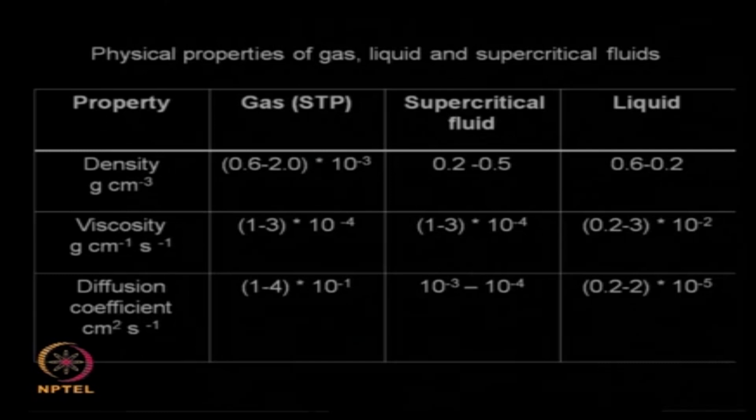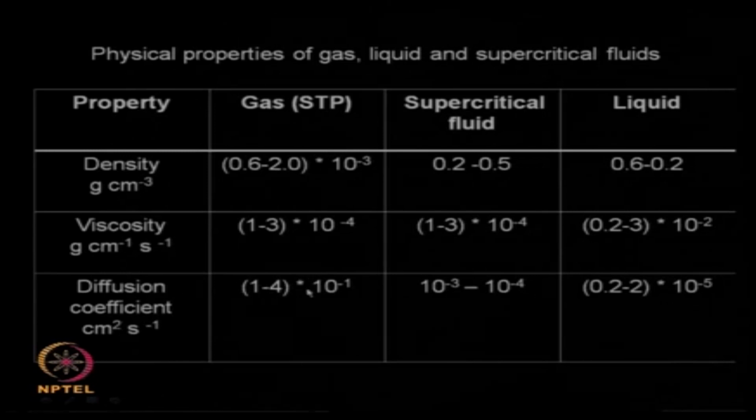If you look at density, for example, in grams per cc, gas densities are extremely small, 10 power minus 3. If you look at liquid, it may come up to almost 1, but supercritical will be in between that. If you look at viscosity, liquid viscosities are extremely high. So supercritical fluid viscosity is almost close to the gas.